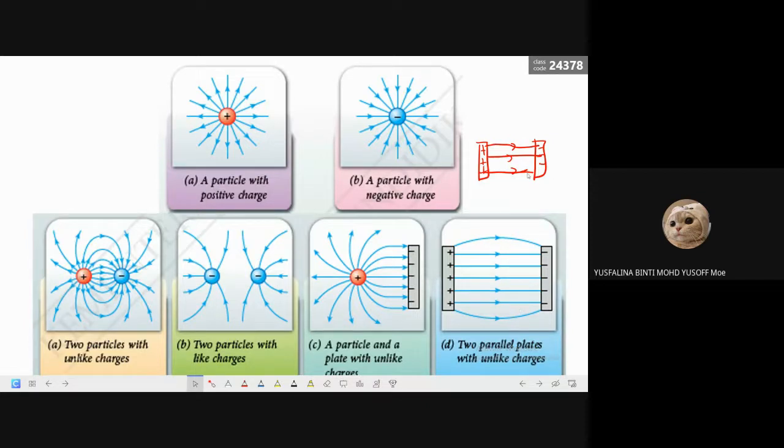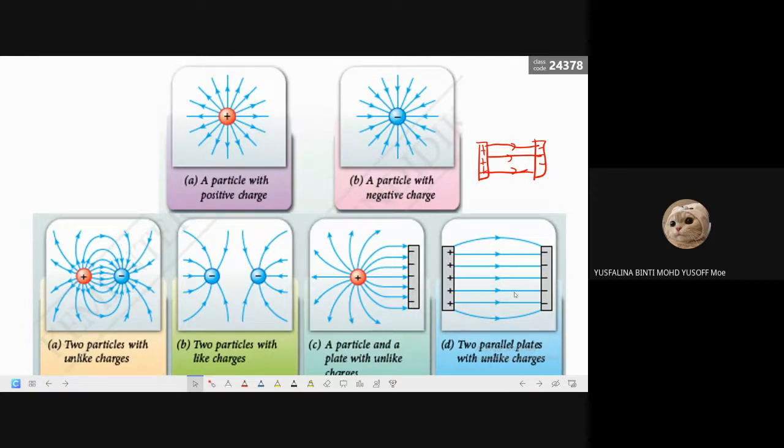So of course the one below has the stronger electric field because it has more electric field lines. This can be used to compare the electric field strength. This one is weaker because it has fewer lines compared to this one.